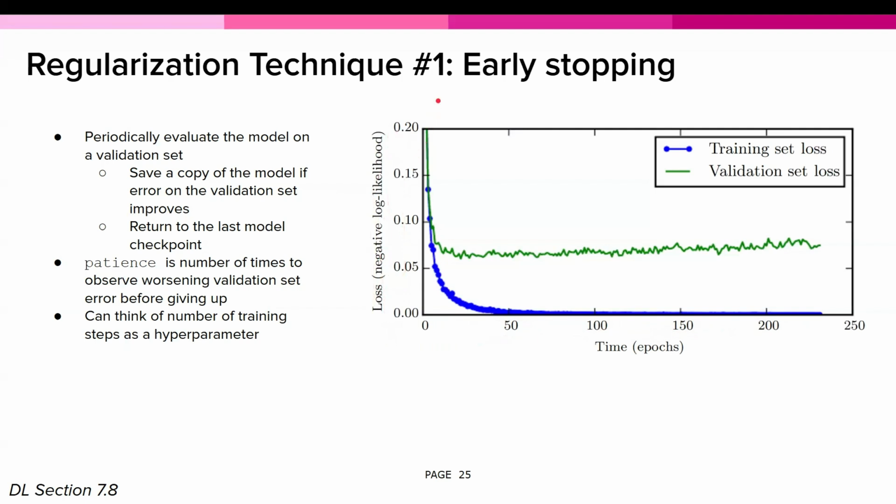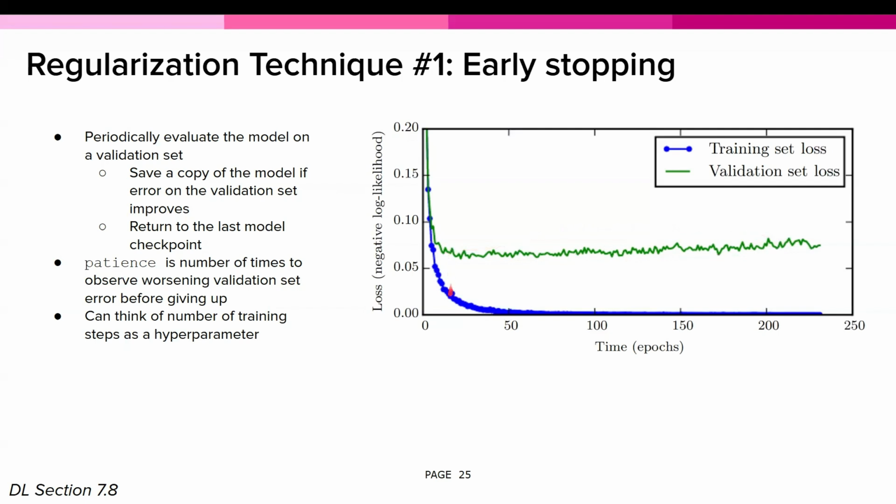So we've got training set loss and then validation set loss. The training error is going to decrease consistently. But if we were to regularly check in with how it's doing on a corresponding validation set, then we would see an initial drop. But then at some point, it's going to stop improving and may actually get worse if training were to continue.